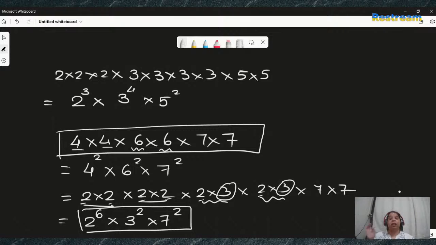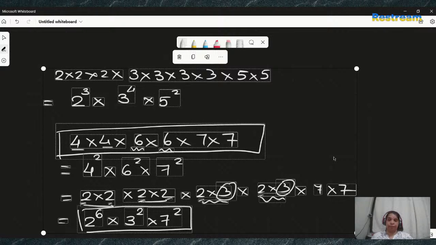But in algebra, definitely, as we go ahead, we will use index form once we start doing algebra. So this is first useful in writing factors, and second, it is going to be very useful in algebra.